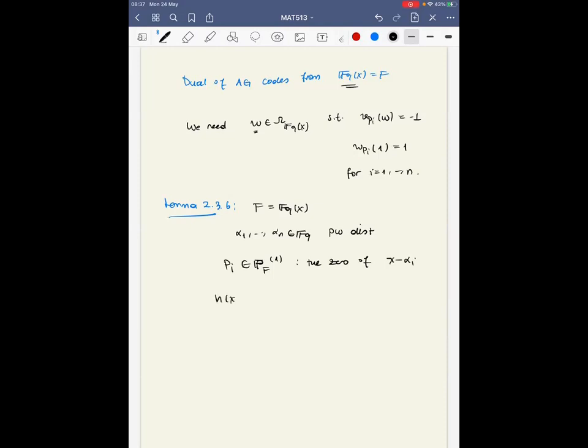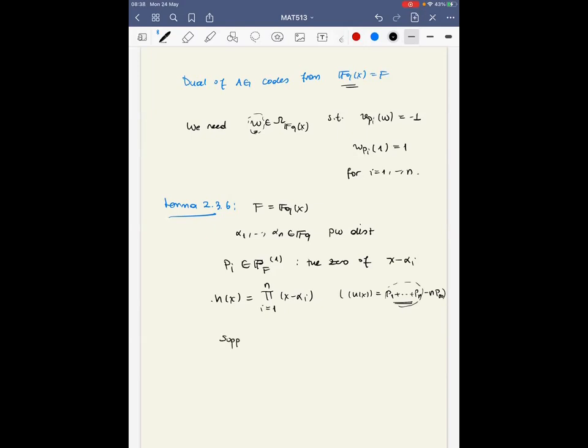In order to set such a Weil differential, we consider the product of all such linear factors, and we denote it by h of x. Let me note that the principal divisor of h of x can be written as D minus n times P infinity. So in our setting, if we work with D, this will be related with this polynomial h of x.